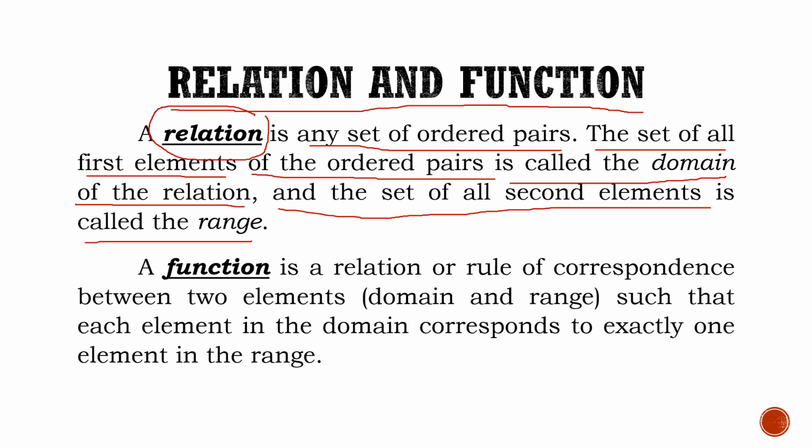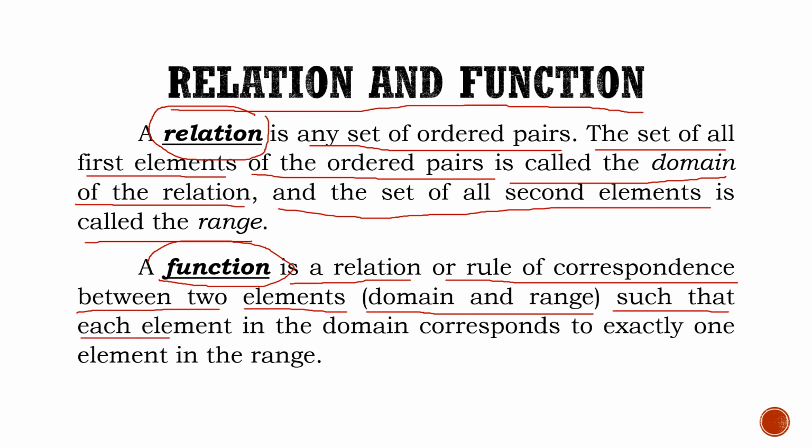Now let's go now with your function. A formal definition of a function is a relation or a rule of correspondence between two elements, your domain and range. Again, there's an involvement of your domain and range. So that will be your x and y values that you can see on the given set of ordered pairs, such that each element in the domain corresponds to exactly one element in the range.